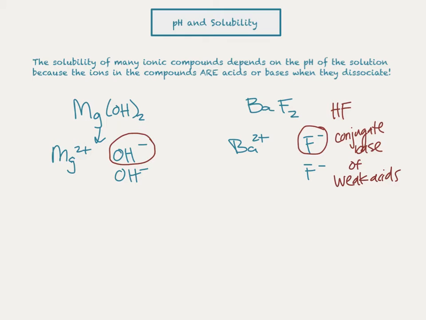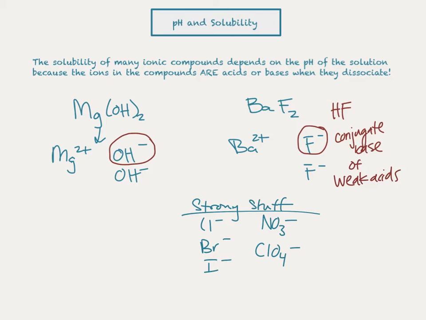If you have the conjugate base of a strong acid, for example, chloride ions, bromide ions, iodide ions, nitrates generally, and perchlorates, these guys don't do anything in solution. When hydrochloric acid is in solution, its K value is so large that the reverse process pretty much just doesn't happen. So you don't have to worry about these particular ions in solution.